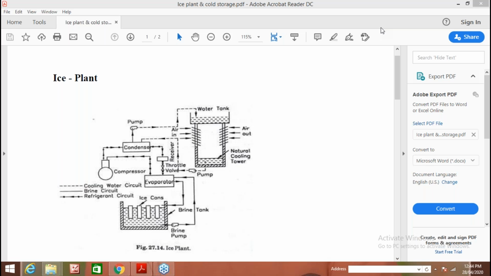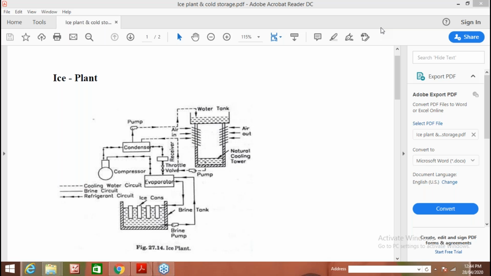If we have an ice plant capacity of 10 tons, then we will require almost 200 kg of refrigerant. Okay, and ammonia is 10% cheaper than F12. So because of this cheapness and because of the requirement of ample amount of refrigerant, ammonia is selected instead of F12.